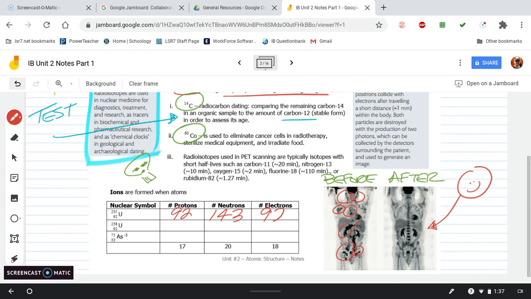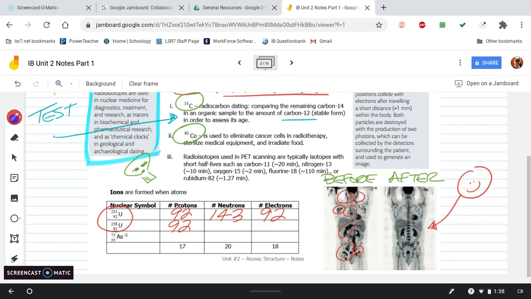So 92. Okay, this one right here, well, it's still uranium, so it's still 92. But this is an isotope. These two are isotopes. See, they have different masses, and so those are isotopes of uranium. Maybe that's what we should write down.